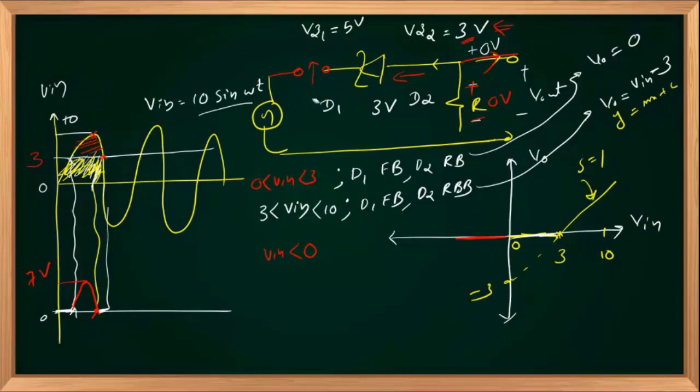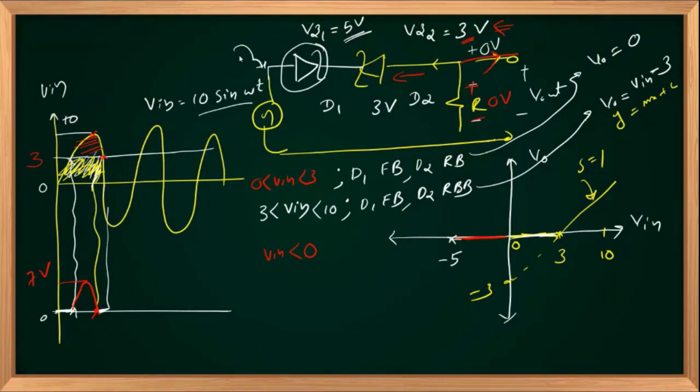And I have connected my D1 like this, anode cathode. If this voltage magnitude exceeds minus 5 volts, 5 is the reverse breakdown voltage, minus 5 volts, and D1 is reverse biased, but that breaks down.